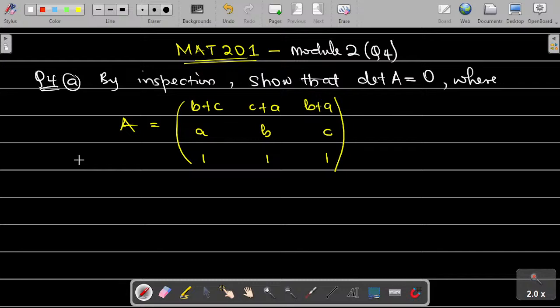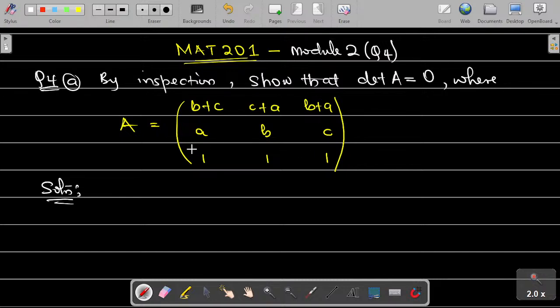One of the things you are going to notice here is that what they're trying to do is let you observe, by inspection, that this will be equal to 0, meaning if it were an objective question, with that observation you may not necessarily need to compute this. And how do you do that? One of the things you can use is to note that by row reduction of this matrix, the second row is going to turn to 0.